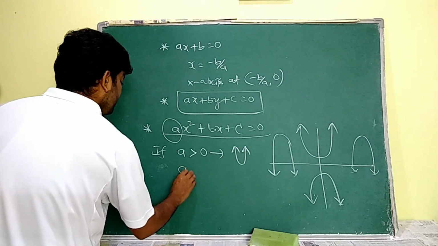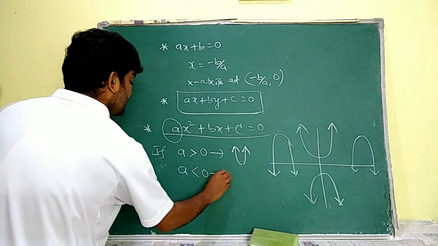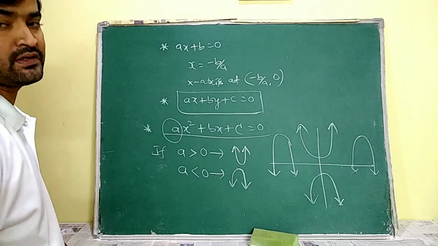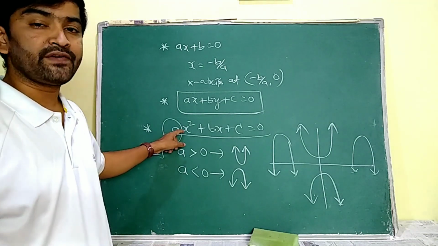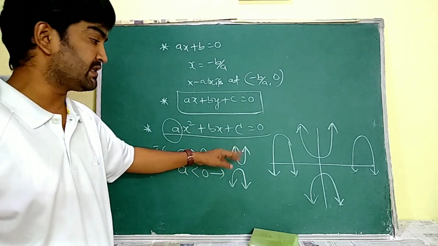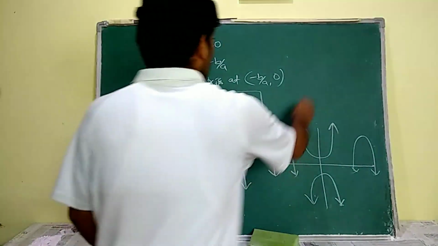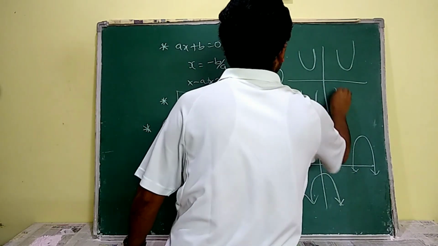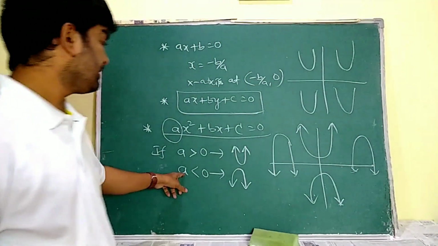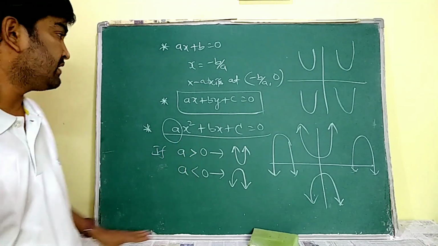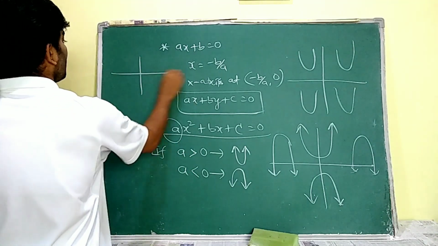If the value a is less than 0, then the parabola is always downwards. You have to remember this one. If the coefficient of x square is greater than 0, the parabola is always like this. Next, if the coefficient of x square, a, is less than 0, then the parabola is always downwards.